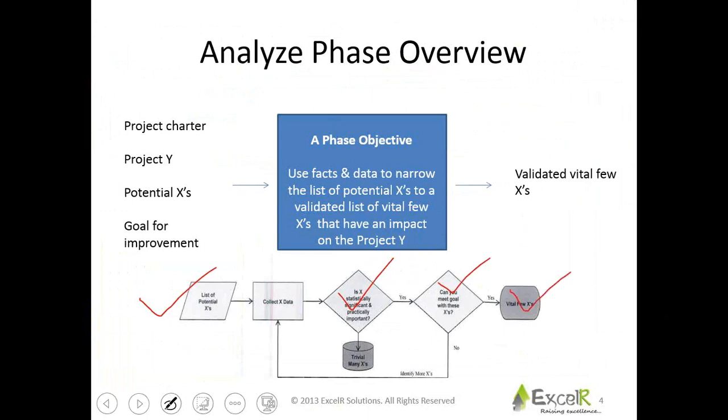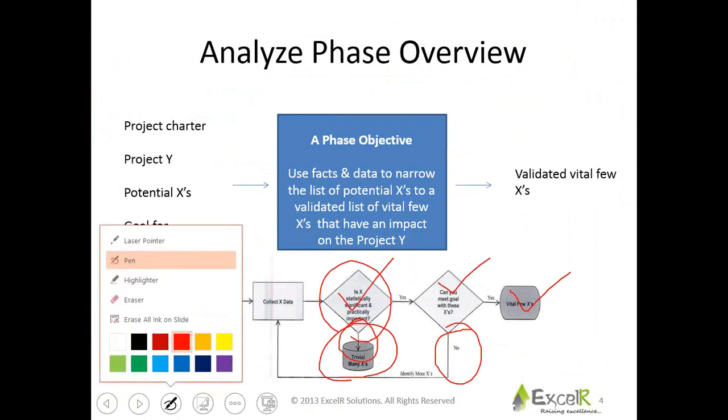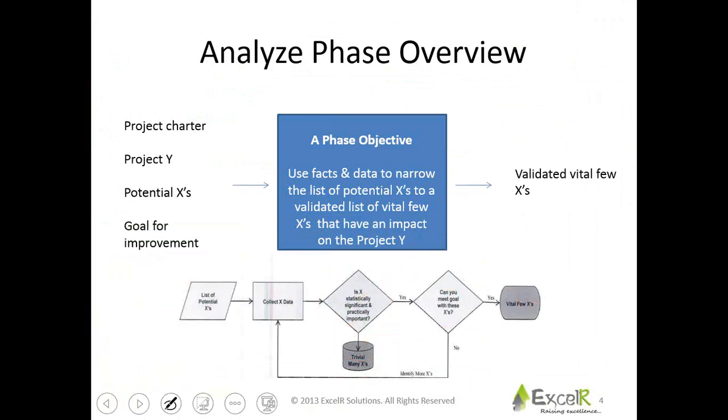If the answer is yes, those are the vital few inputs for you. If the answer is no, you come back to the trivial many X's. So there are trivial many things which are very trivial. We are least bothered about the trivial things. We should always be concerned about the vital few critical inputs.